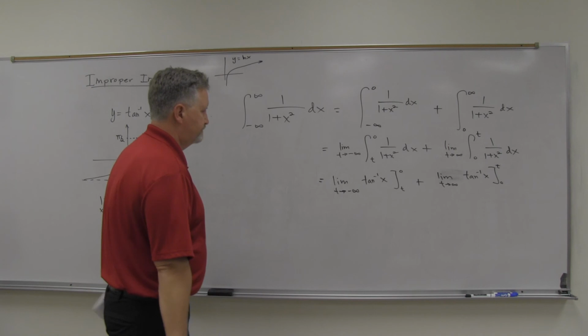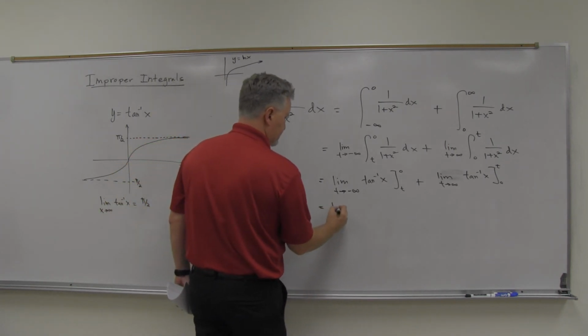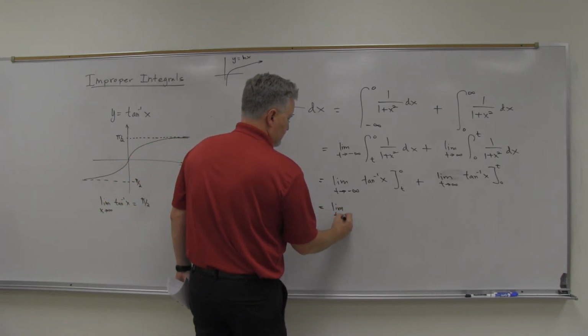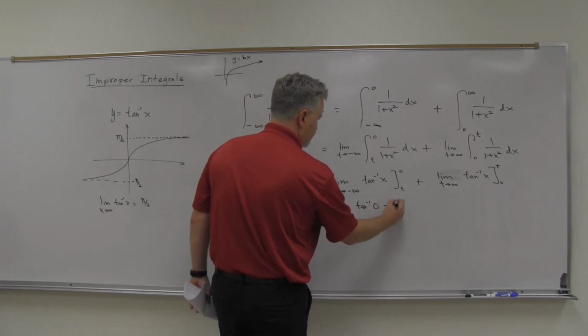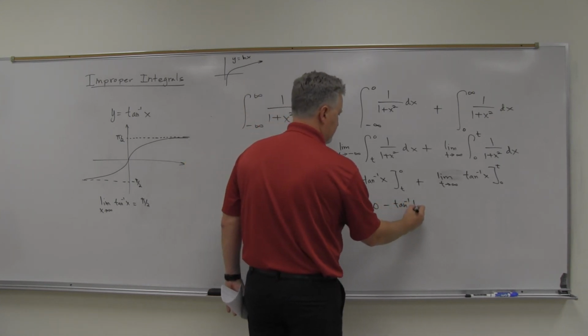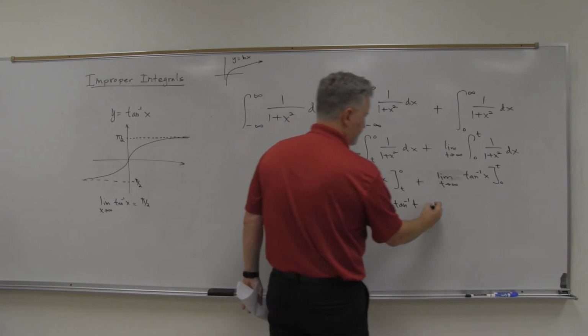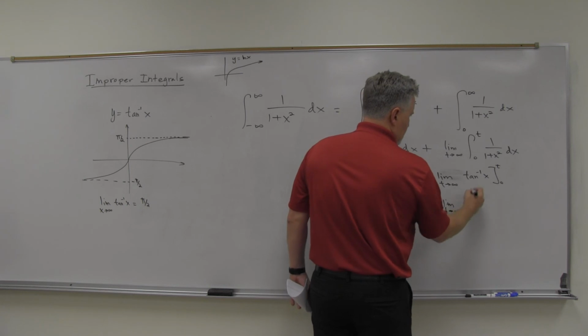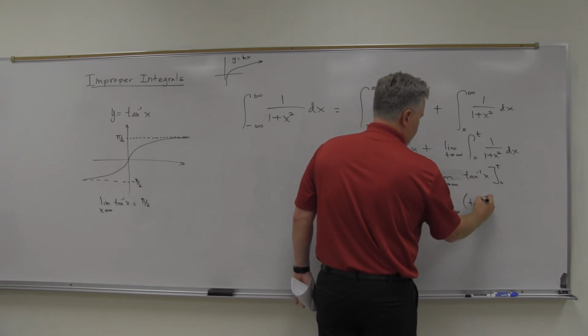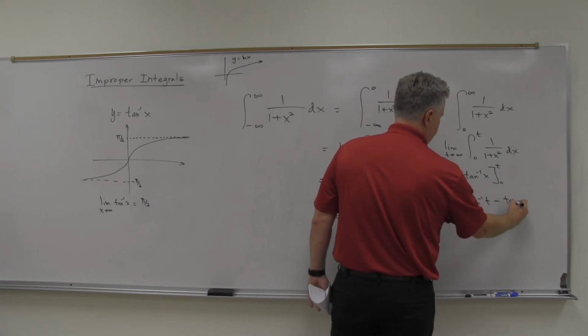All right, well, let's plug in. So we've got the limit as t goes to negative infinity, tangent inverse of 0 minus tangent inverse of t, plus the limit as t goes to infinity, tangent inverse of t first, then minus tangent inverse of 0.